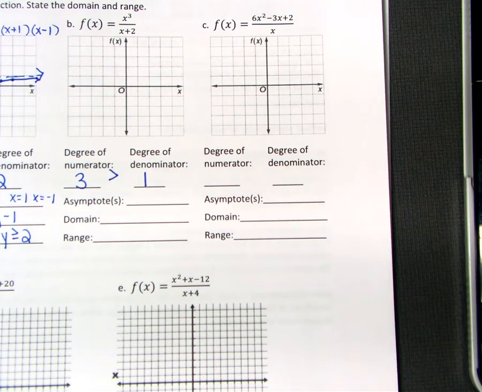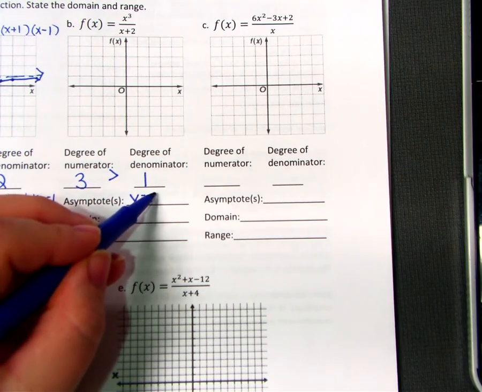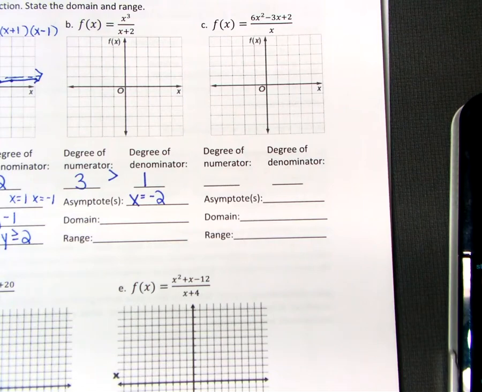So we need to factor the bottom, which x plus 2 cannot be factored, and identify what's going to make it equal to 0. So what would make x plus 2 equal to 0 is if x was negative 2. So we're going to have an asymptote at x equals negative 2. We also don't have an oblique asymptote here because the degree on top is more than just 1 bigger than the degree on the bottom.